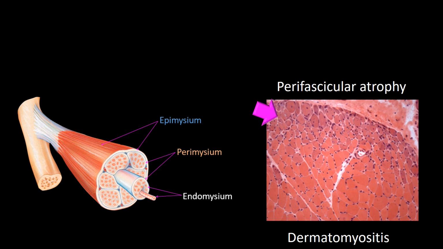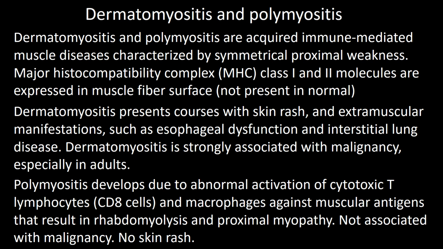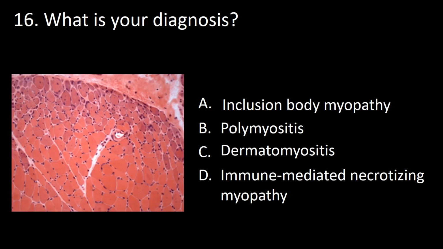Notice the severity of abnormal fibers close to the perimysium in the perifascicular region, and the relatively normal-looking muscle fibers deep in the fascicle. Please stop the video and read these important comments regarding dermatomyositis and polymyositis. So the answer to this question is C.